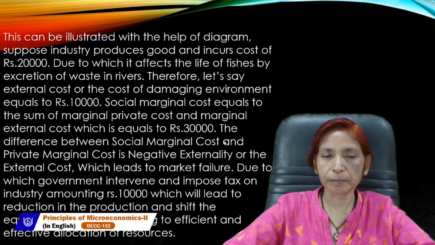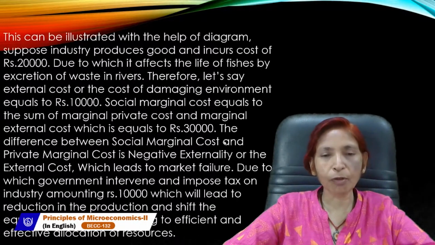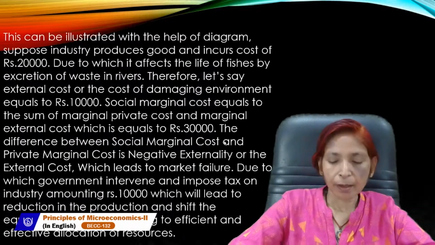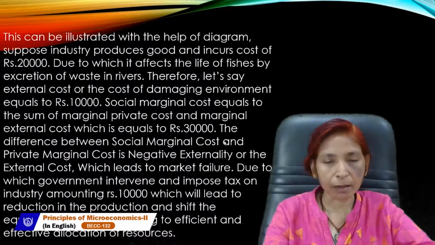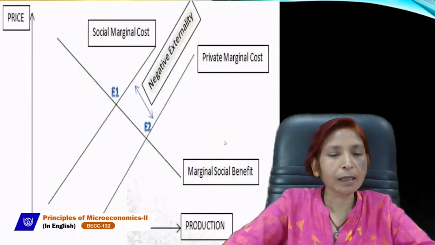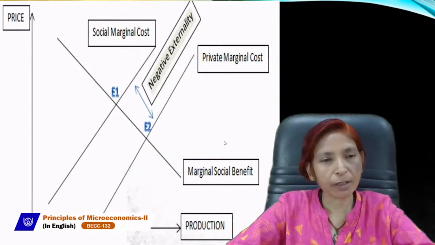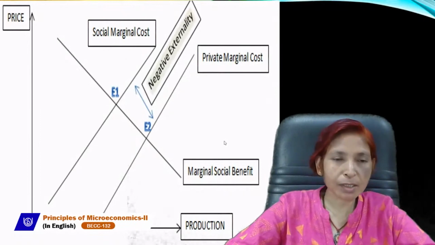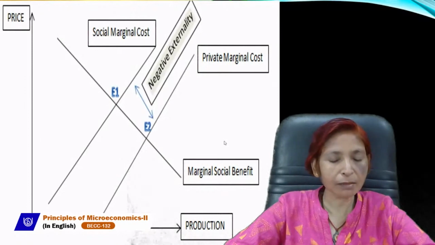And if there is a positive externality, then the government will intervene in the market and provide a subsidy for the well-being of society. This can be shown with the help of a diagram. Now in this diagram, the marginal social benefit curve is downward sloping, as you have studied in the positive externality diagram, the benefit curve is always downward sloping and the cost curve is always upward sloping.